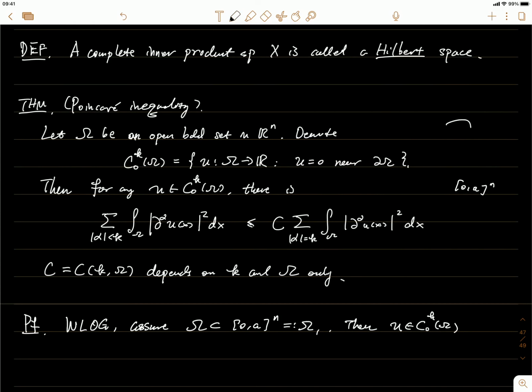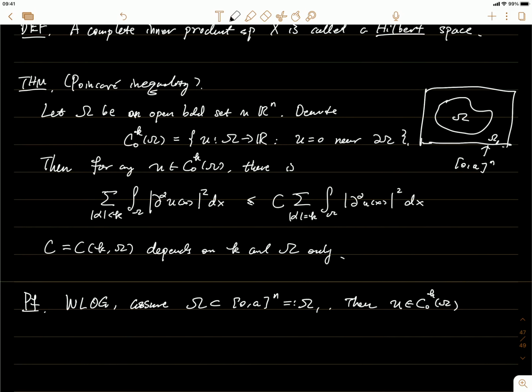This is our omega. This is the big box, omega 1, which is the hypercube. The u is 0 right here, so we can continuously extend it. Since it's 0 already, we can just continue to extend it to be 0. So it's actually 0 everywhere outside of omega.